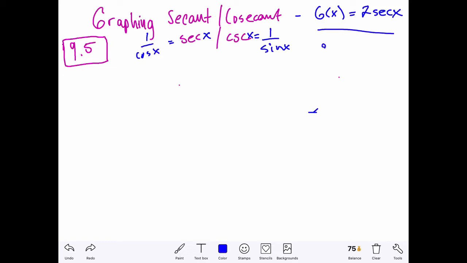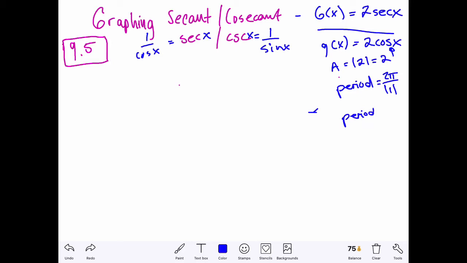Well, I'm really going to start by graphing its reciprocal function, which would be cosine. So let's do 2 cosine of x. It's got an amplitude of 2 and a period of 2 pi over the absolute value of b, and remember that's 1.